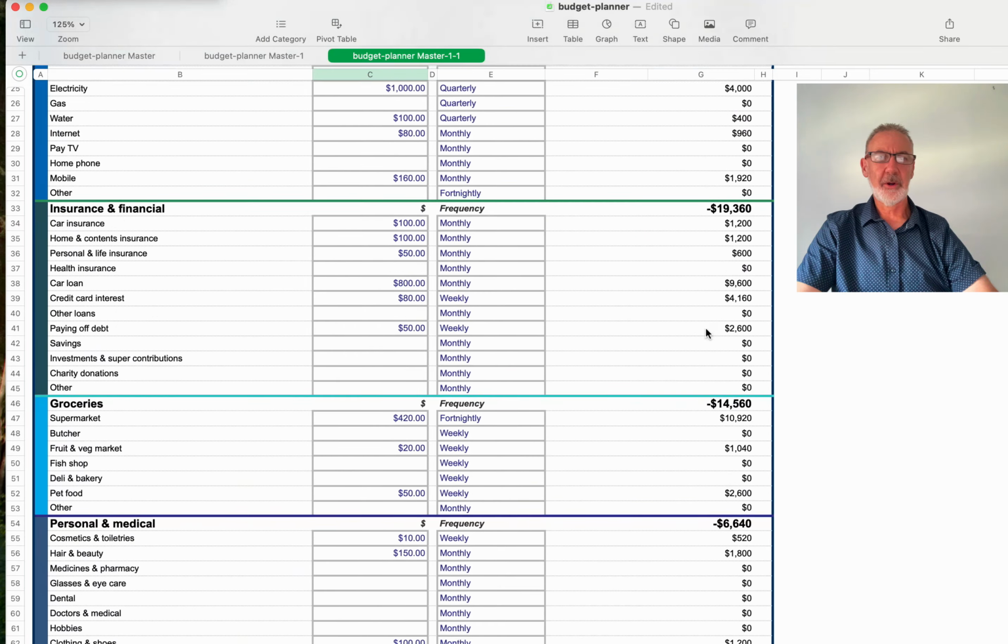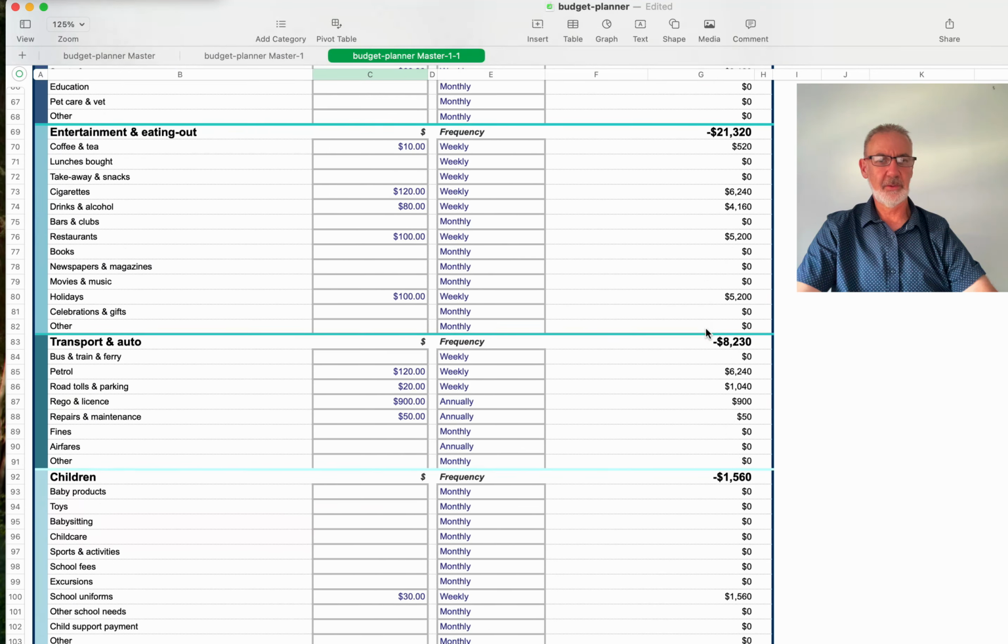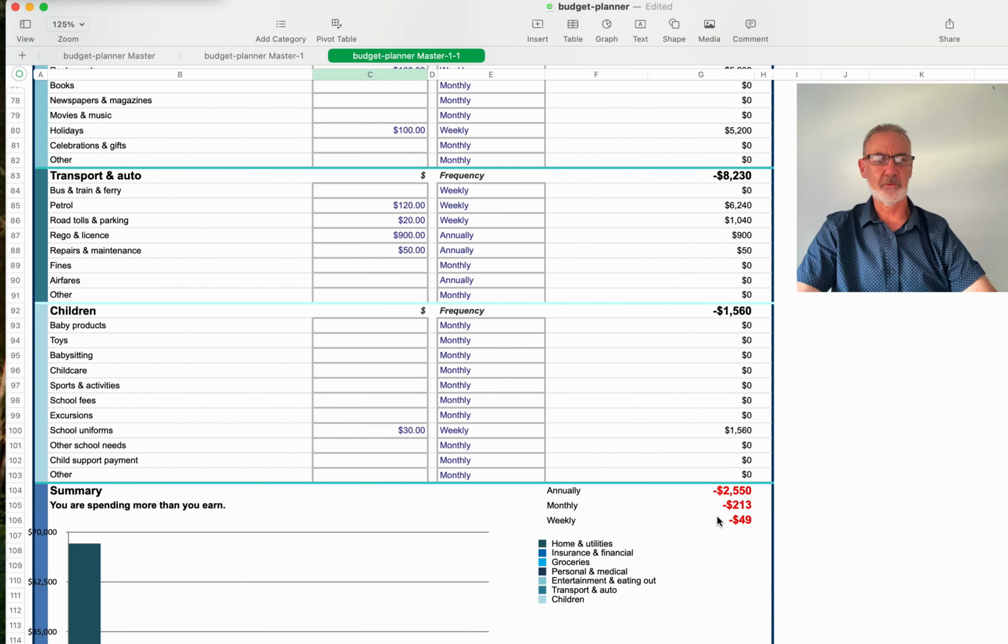As we go down to the bottom now, let's have a look and see where we're at. In this case, we're at a shortfall of $2,550 a year, or $49 a week. So let's round it up to $50 a week we're short.